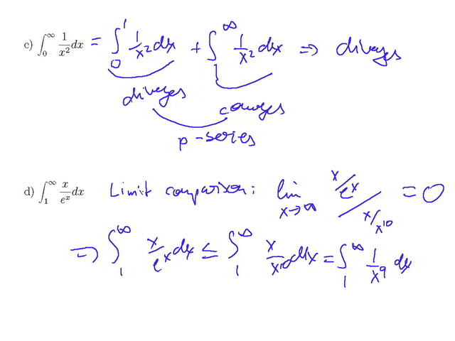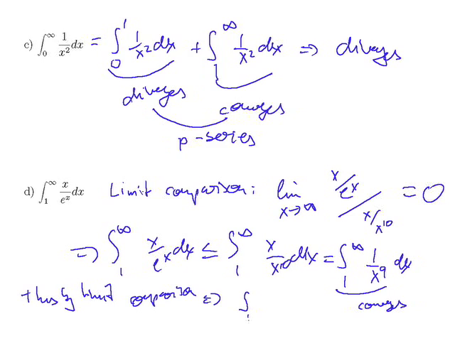Well, 9 is certainly bigger than 1, so we know this converges. So by the limit comparison test, we know that also the integral from 1 to infinity of x over e to the x dx converges.